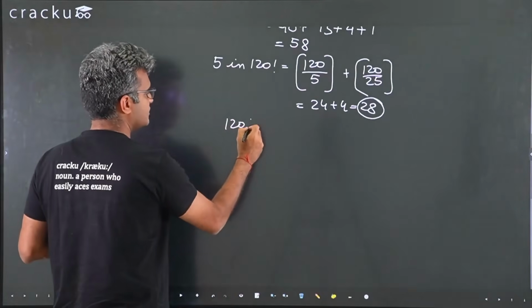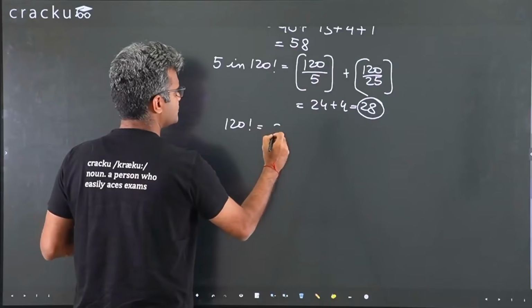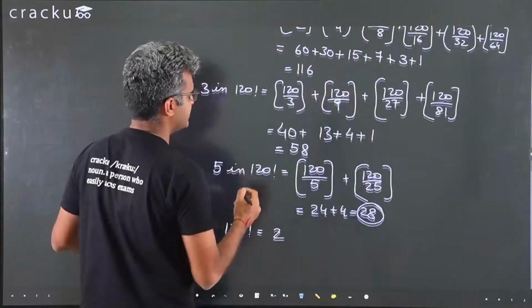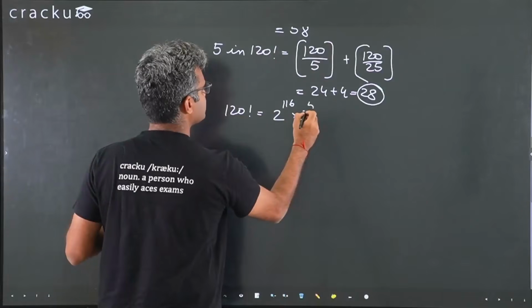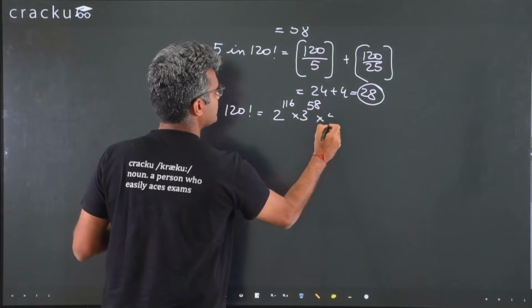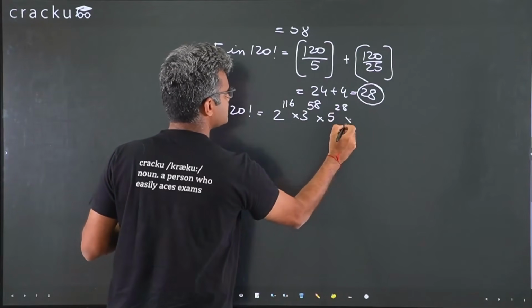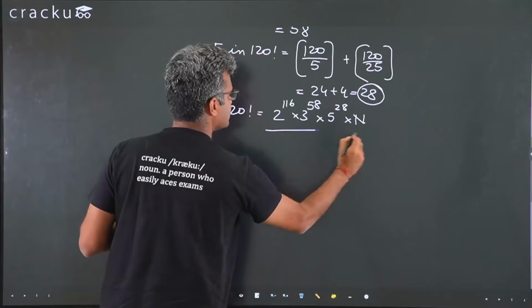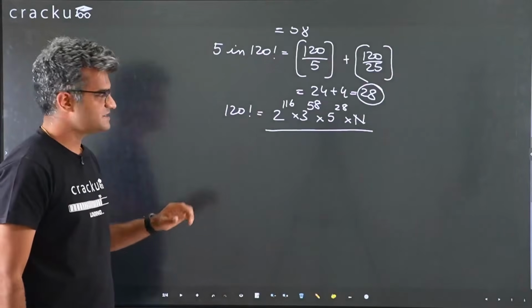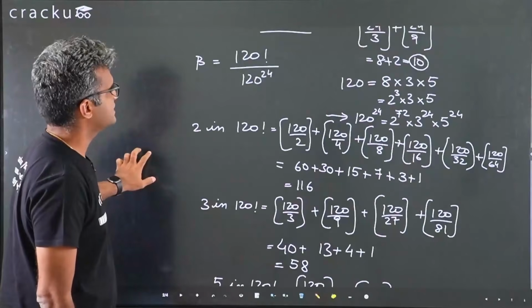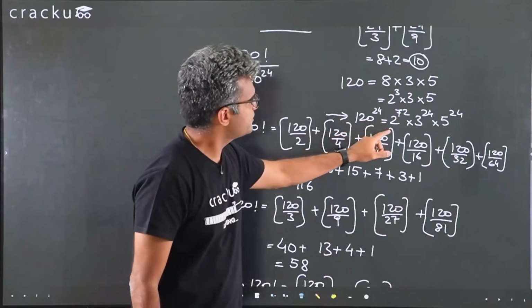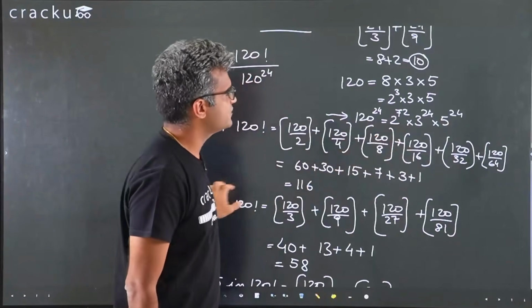So 120 factorial is of the form 2 to the power 116 into 3 to the power 58 into 5 to the power 28 into some natural number n. And the denominator, which is 120 to the power 24, is 2 to the power 72, 3 to the power 24, 5 to the power 24.